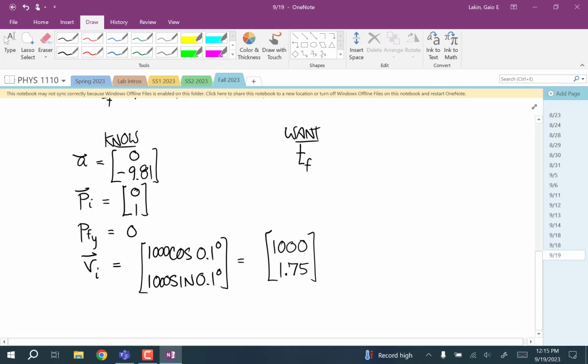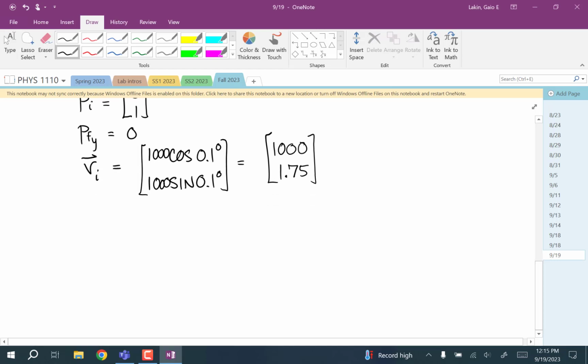All right, is there an equation that works for TF? Yes, this one should. PFY is equal to PIY plus VIY TF plus 1/2 AY TF squared.